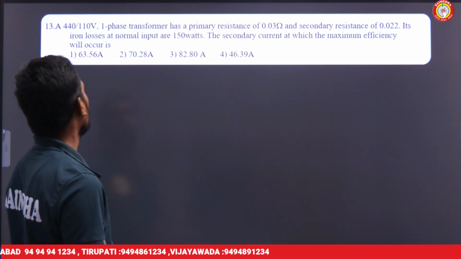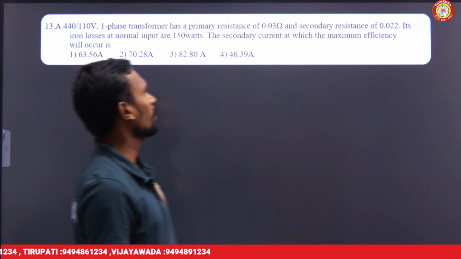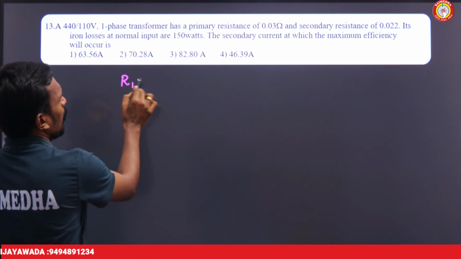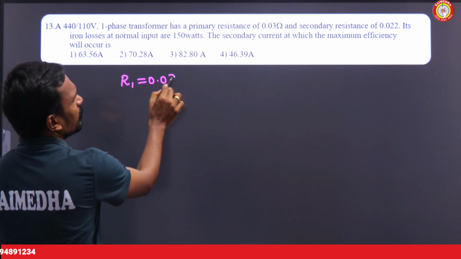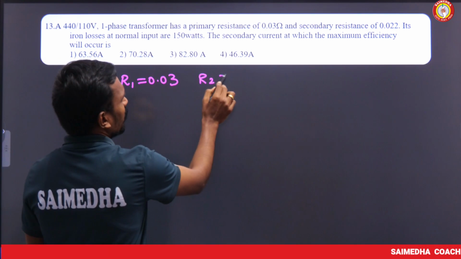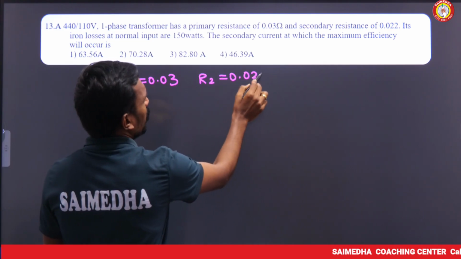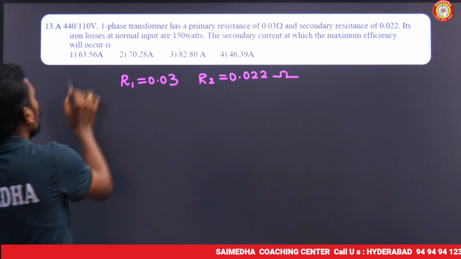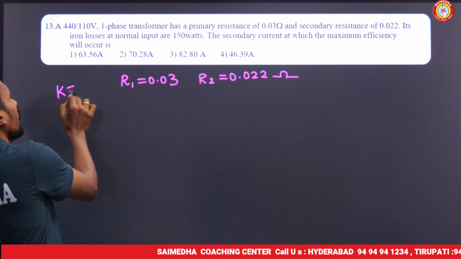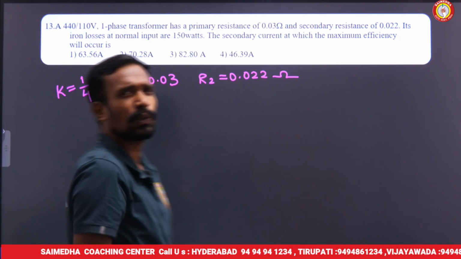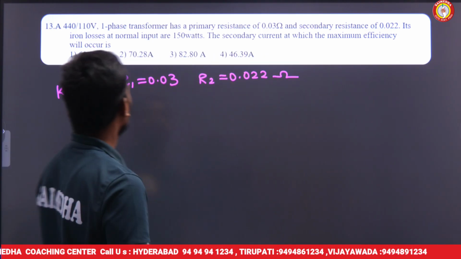A 440 volts by 110 volts single phase transformer has primary resistance 0.03 and secondary resistance 0.022 ohms respectively. This is the 440 by 110, so K is equal to E2 by E1, K is equal to 1/4.